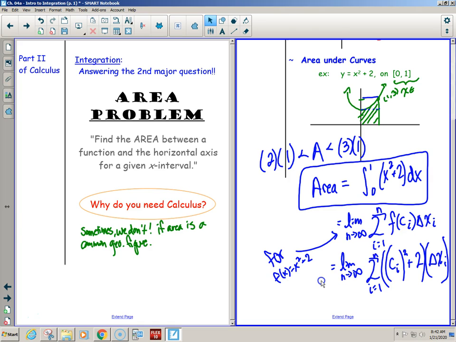Anybody have any idea as to where I'm getting f of c times delta x? Now f is the function that gets plugged in, but why am I saying a y value times a change in x value? What's the y of a function called?